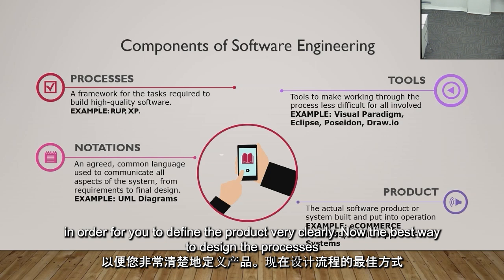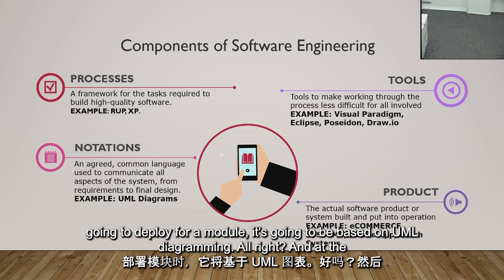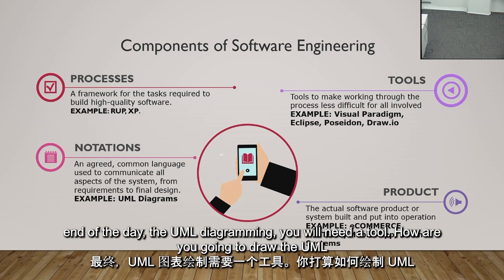Now, the best way to design the processes of the product is to use some form of logical diagramming. The logical diagramming that we are going to deploy for this module is going to be based on UML diagramming. All right? And at the end of the day, for the UML diagramming, you will need a tool.